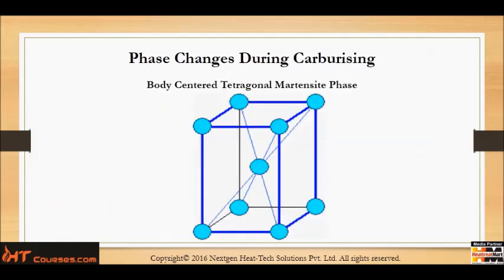Once again, we show the body-centered tetragonal phase of the martensite structure, where we have one atom on each corner and back to one atom in the center, but now an elongated shape. And you will notice that there is a volumetric change in size. So therefore, there is a volumetric change in size in the finished component.